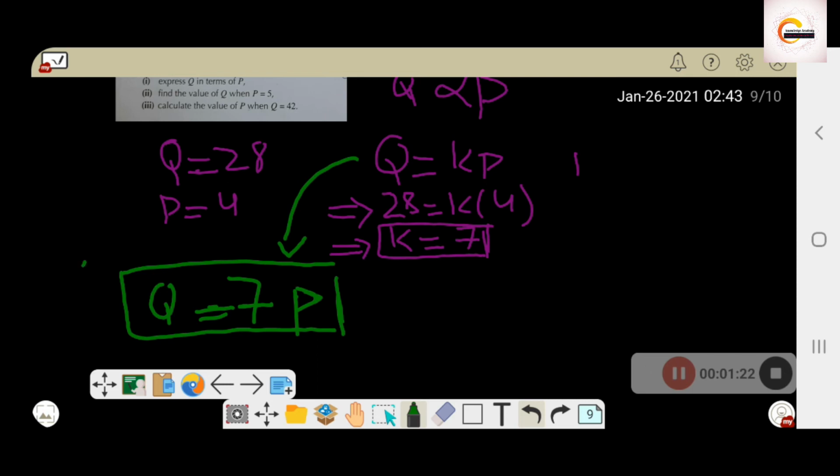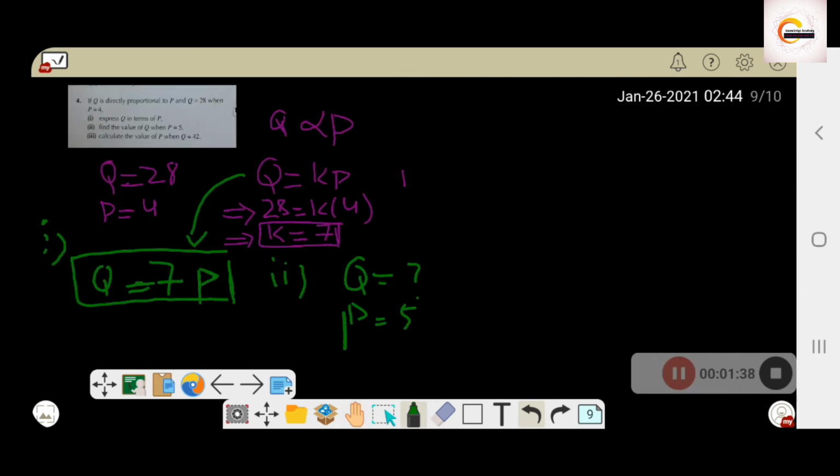This is part 1. Now part 2, find the value of Q when P is equal to 5.